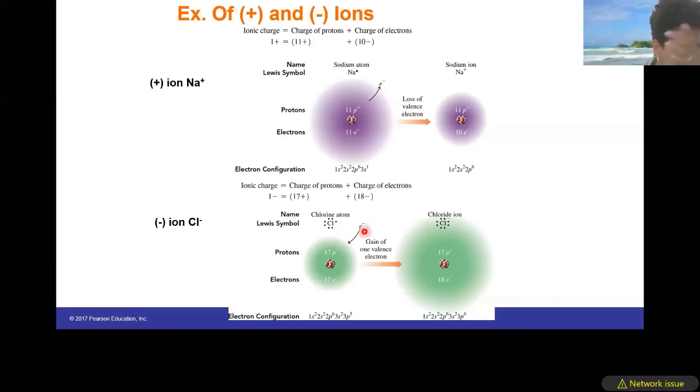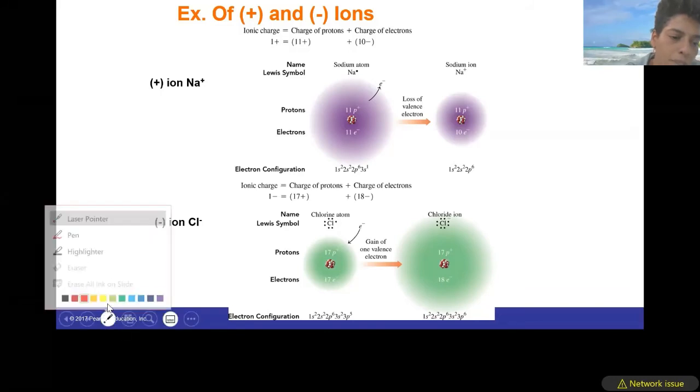Alternately, when I have a nonmetal, the atom is going to be smaller than the anion, because we actually gain another valence electron, and so it takes up more space. Okay, so cations are smaller than the parent atom, and anions are larger than the parent atom.